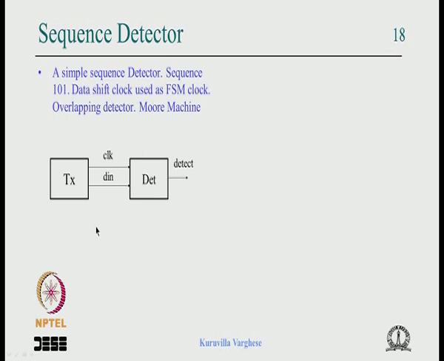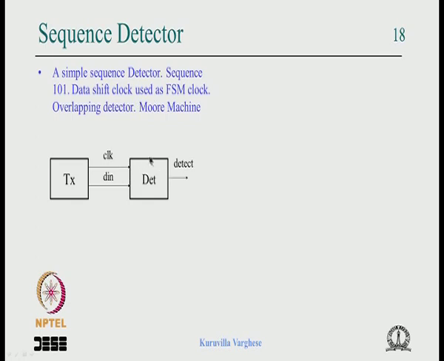When the pattern comes, it is sure that the transmission is starting, and the synchronization happens like that. So we are taking a very simple example, a transmitter, and we are assuming the clock is available. In that scenario, a separate clock line is not sent from the transmitter to the receiver.